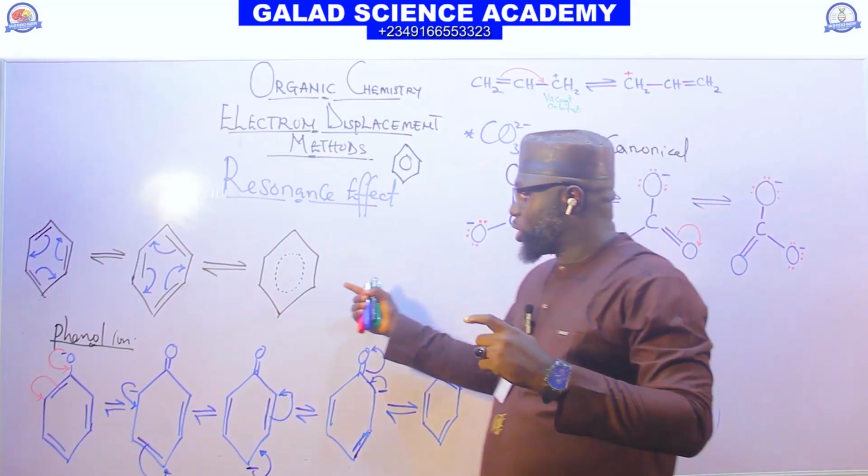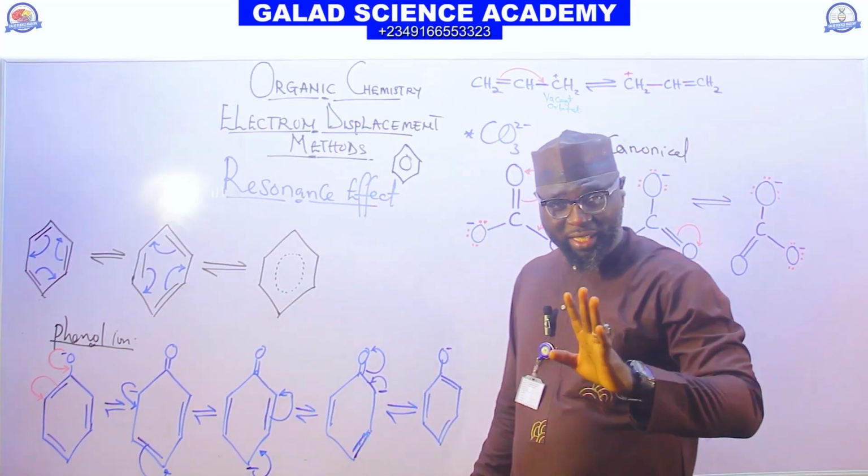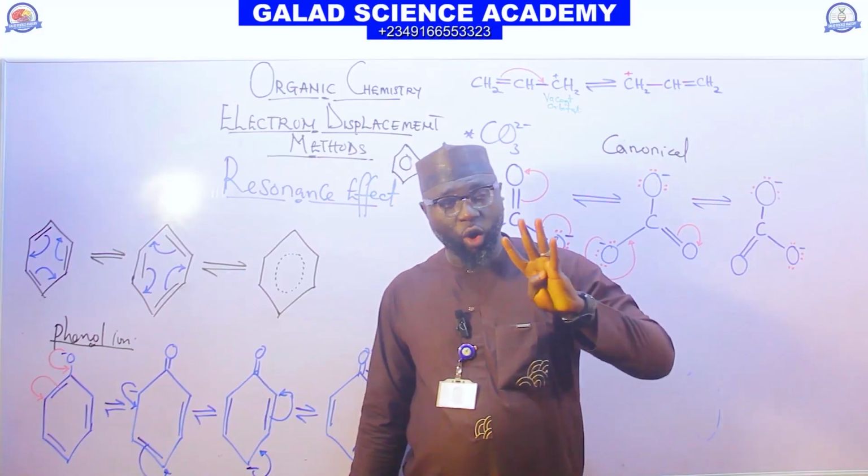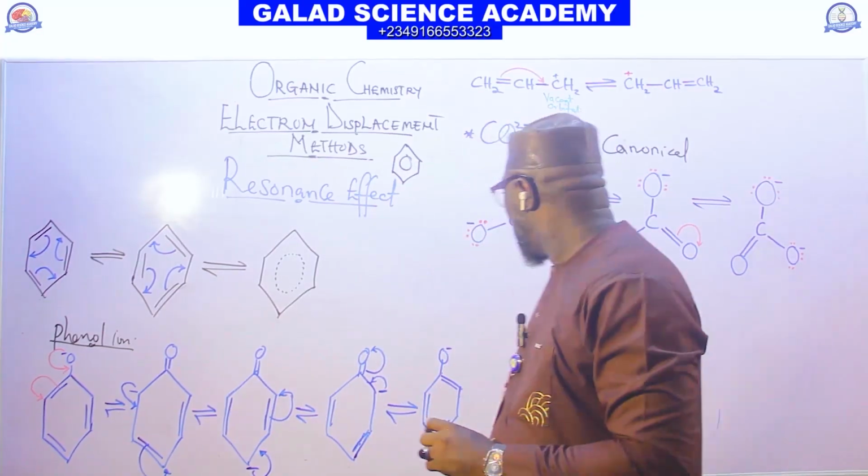Again, I would like to explain the compounds in which resonance can take place. The resonance effect can take place in three kinds of compounds. Let me rub this board down.